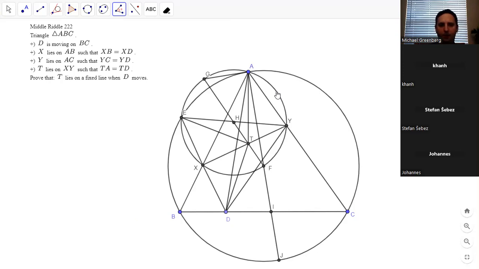Yeah, there must be some kind of trick. But yeah, I could type up the rest of it.